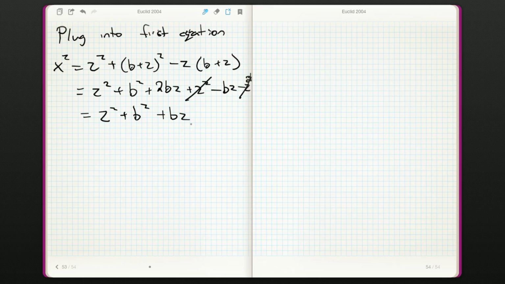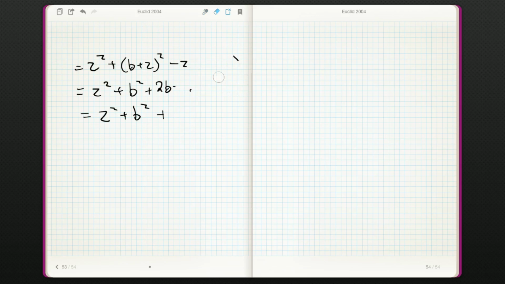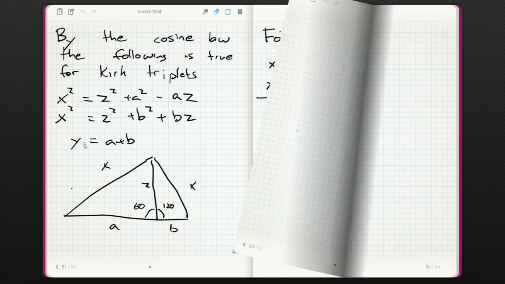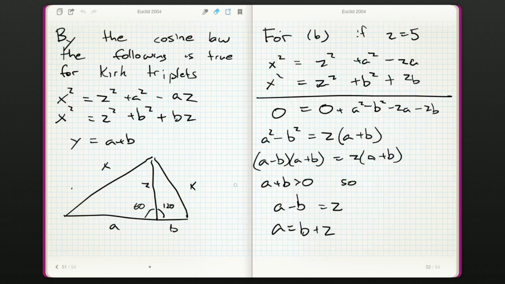Okay. So I don't want that. That wasn't helpful. This just turned the first equation into the second equation. Geez. Okay, so rearranging and solving for a, not so helpful.